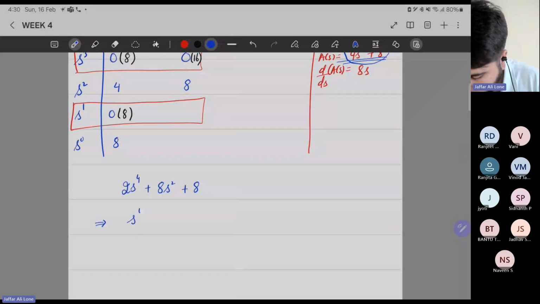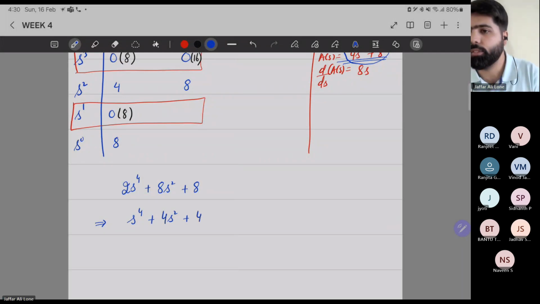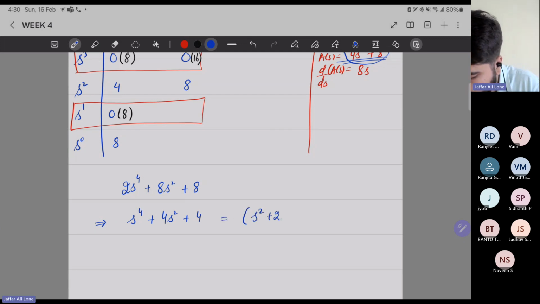We get s4 plus 4s square plus 4. So this is my characteristic equation. We again have to find the roots of this. So how can I factor this out? Can I write this as (s square plus 2) into (s square plus 2)?